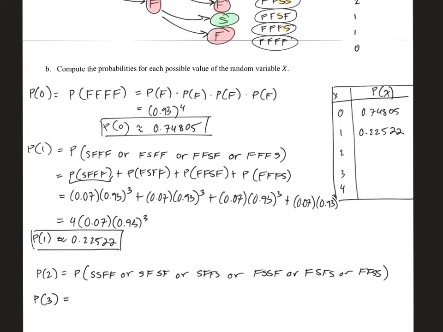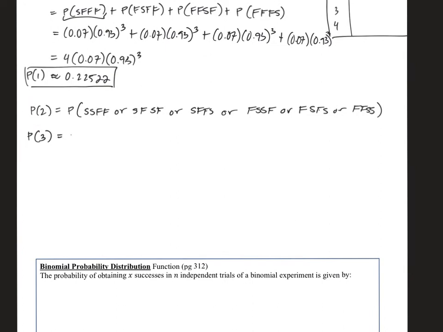All right, so P of 3 is going to be the probability of getting an SSSF or an SSFS or an SFSS or lastly an FSSS. Okay, so once again, we have the ORs going on, so that's going to be the addition rule for disjoint events. So we can go ahead and write that out with the additions in place of the pluses.